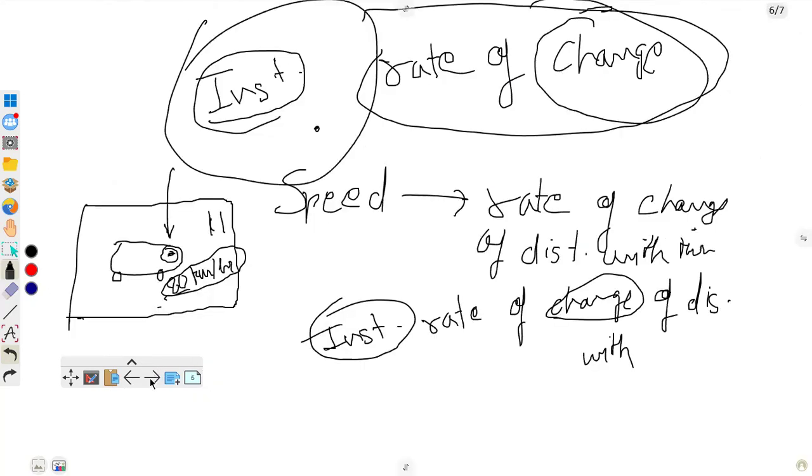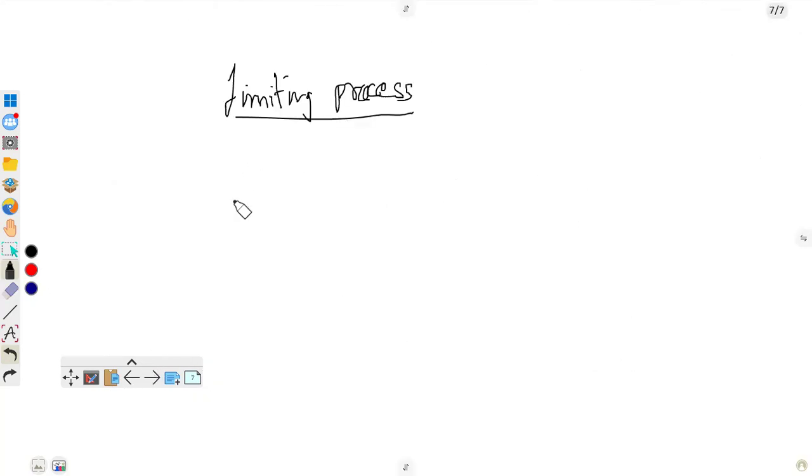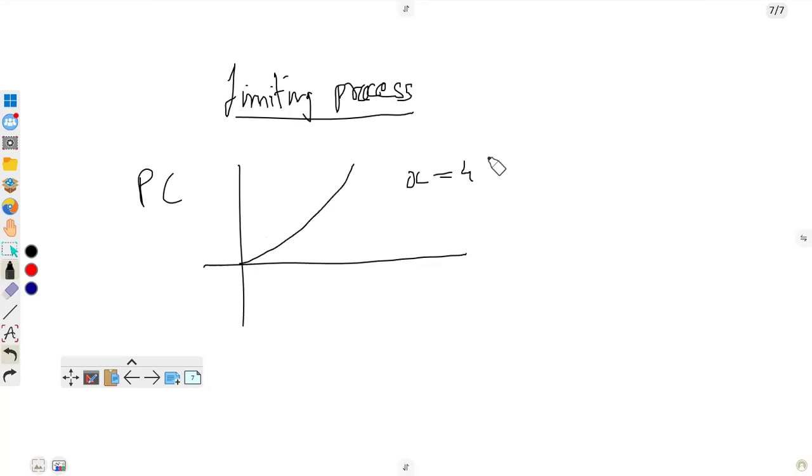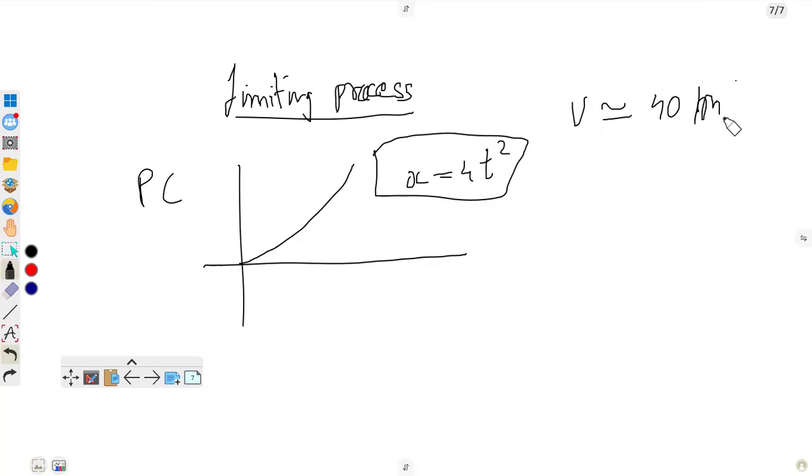And by the way, guys, the graph of player C is actually a parabola too, and the equation is x equals 4t squared. And by a similar method, you can try to find what its instantaneous speed as a function of t will be. We were able to find that its instantaneous speed is nearly equal to 40 meters per second.